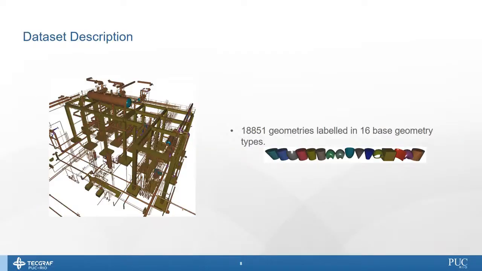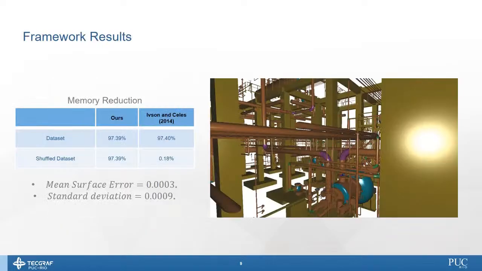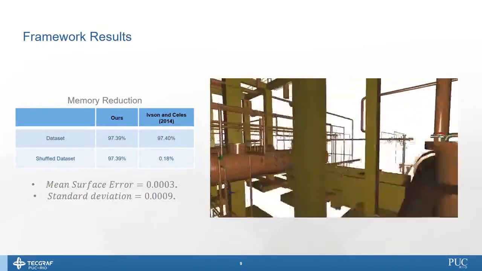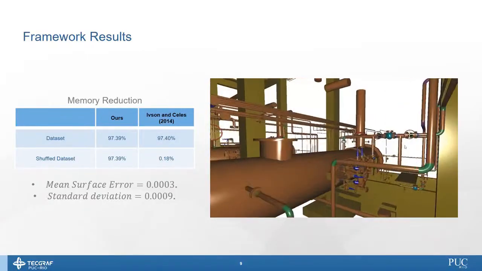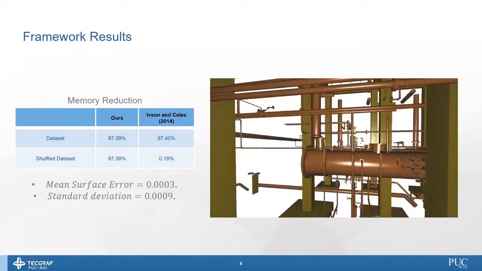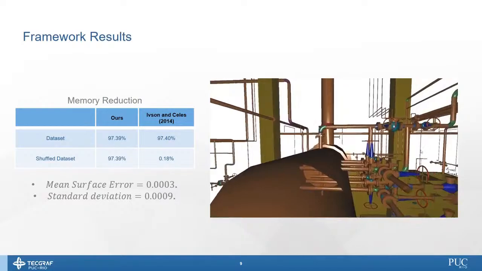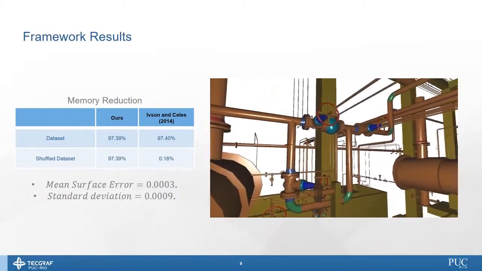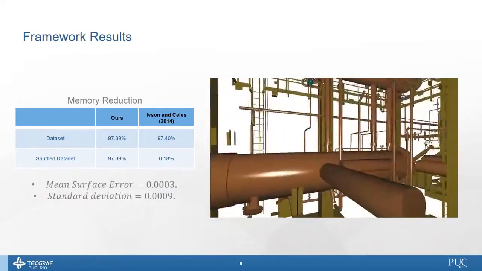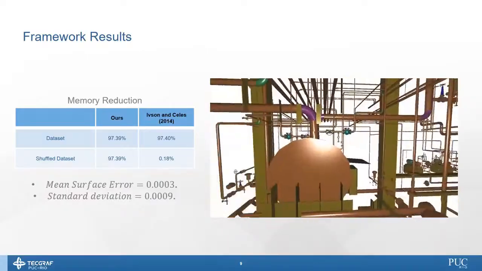To evaluate the proposed framework, we used a CAD model composed of 1800 geometries labeled in 16 base geometry types. The final optimized model has a good quality, having a small mean surface error and standard deviation. When comparing the memory reduction with the Iveson and Celis work, we were able to obtain a very close result to theirs.